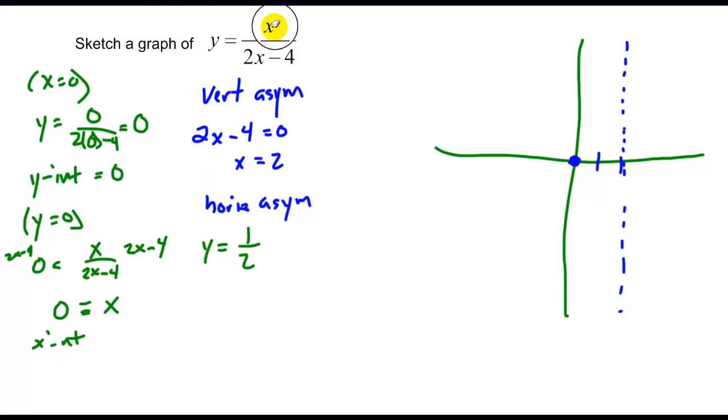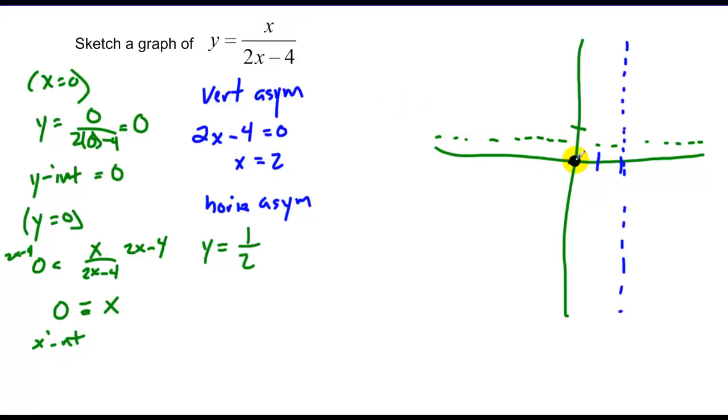So let's see what this graph is going to look like with this information in it to this point. So now I'll go up to 1, draw a horizontal asymptote at 1/2. Again, I know for a fact that as I get bigger in the negative direction, my graph is going to approach this horizontal line.